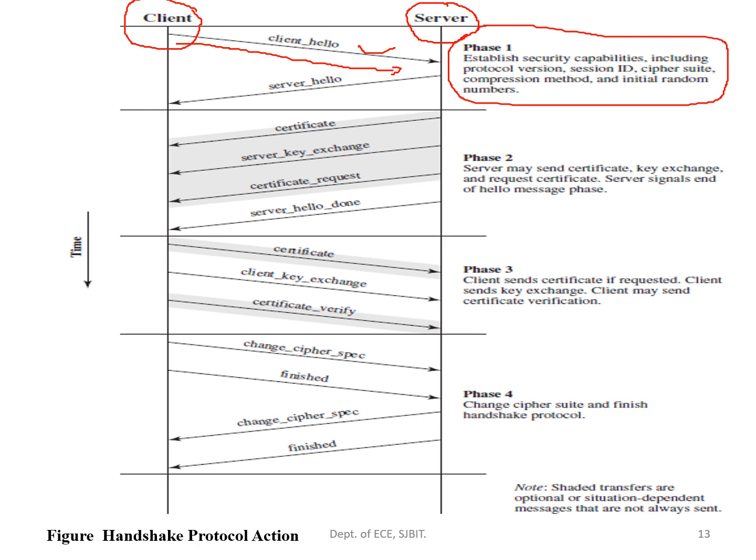In phase 2, the client and server both are going to authenticate. For that, the server is going to send the authenticate message. Then, whichever secret key you are going to use for encryption, the server key exchange will happen.